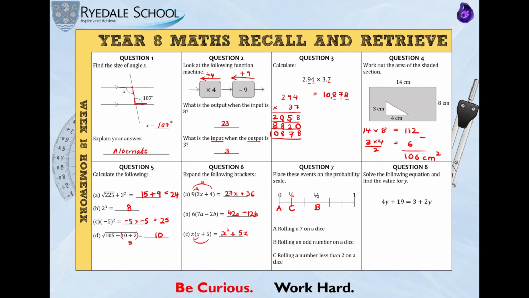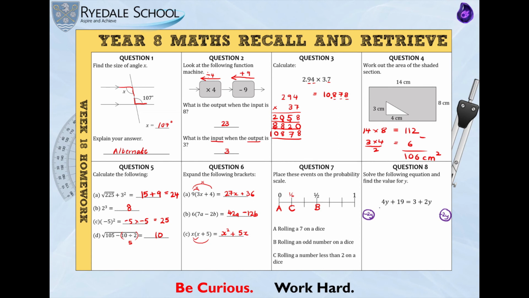Finally, question 8 is an equation with unknowns on both sides. The first step when dealing with an equation with unknowns on both sides is to try and reduce it to an equation with unknowns on one side.